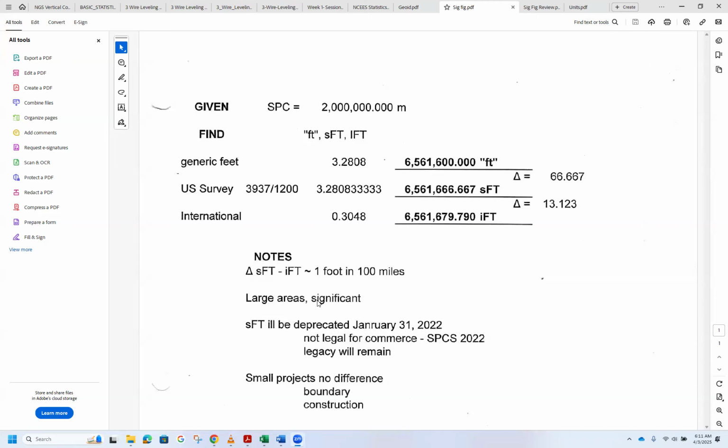So year 1893. I keep saying 19. 1893, the USA adopted the standard to be 1 meter equals 39.37 inches, which is exactly 39.37 inches.